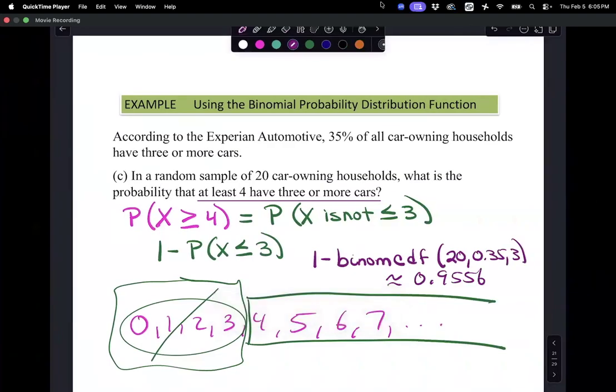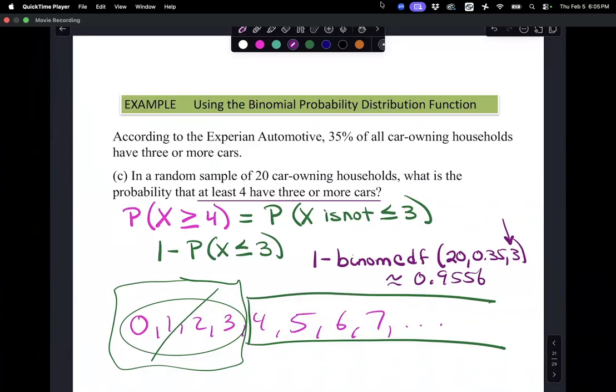All right. So if you see "at least," use the complement rule. Be very careful choosing this value. That value should be the first value not included in your set of successes.